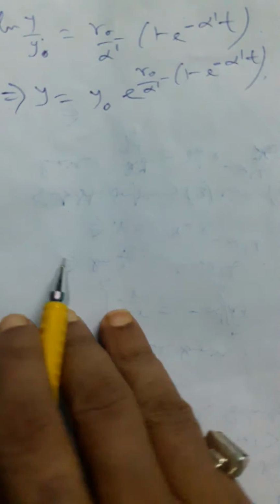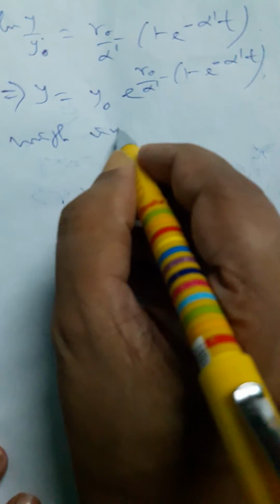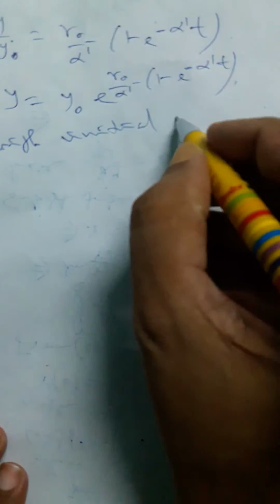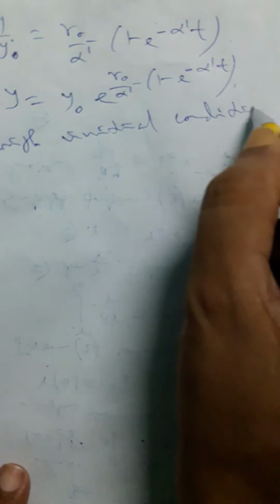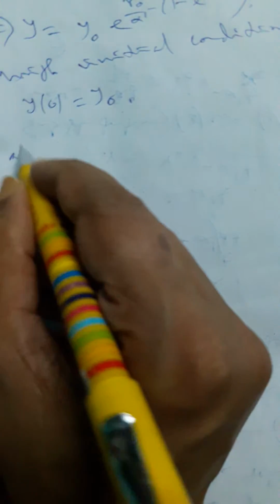In this way we can write it with initial condition y0, that is y of 0, and t tends to infinity.